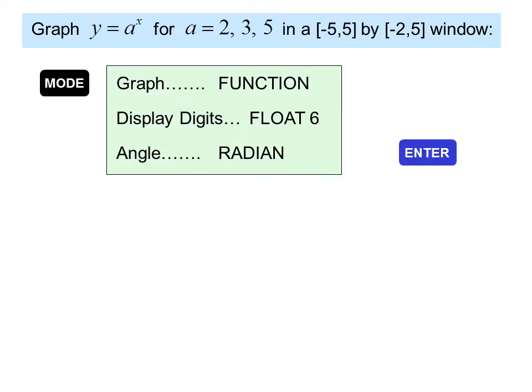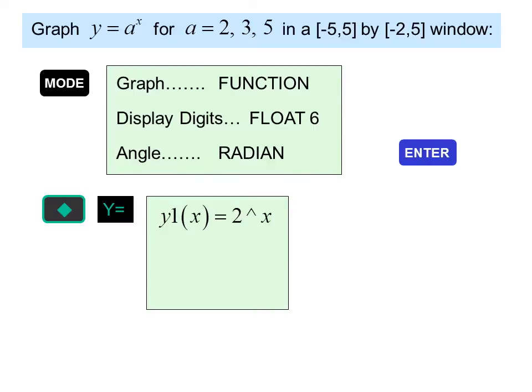We press Enter. Then diamond y equals, and we enter y1(x) equals 2 to the x, y2(x) equals 3 to the x, y3(x) equals 5 to the x.